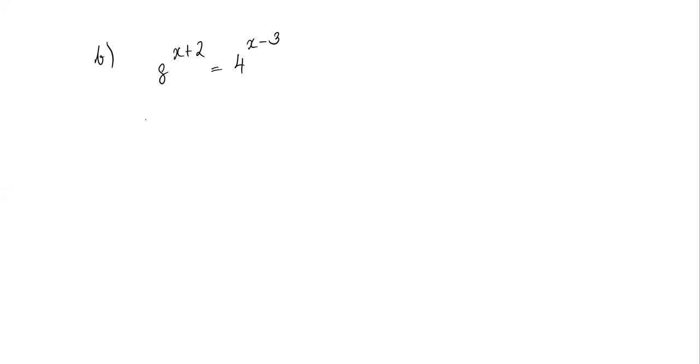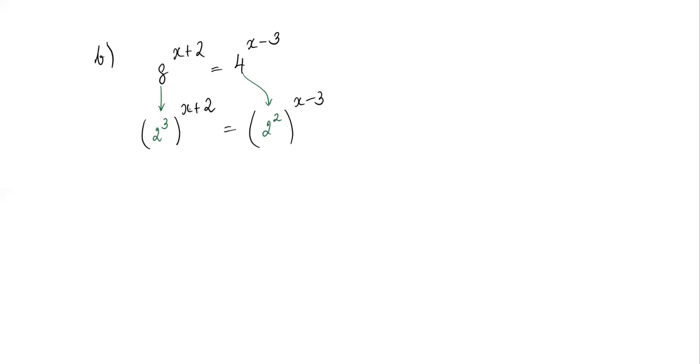So I'm going to write this exponent in parentheses, x plus 2, and this exponent in parentheses, x minus 3, so you can see the action. The 8 is written as 2 cubed, and this 4 is written as 2 squared. Right?